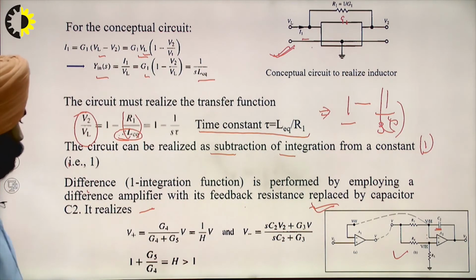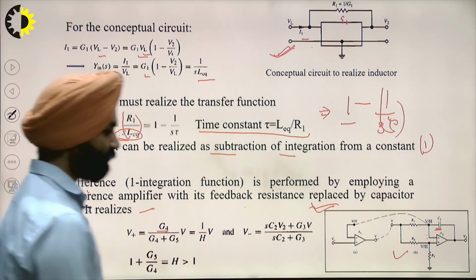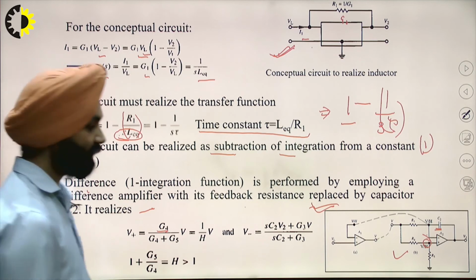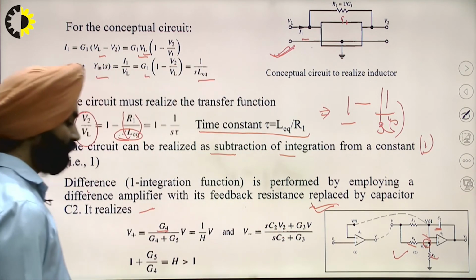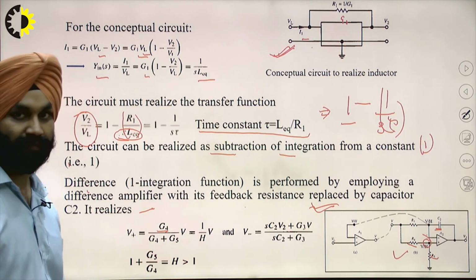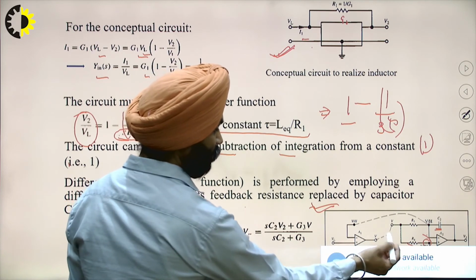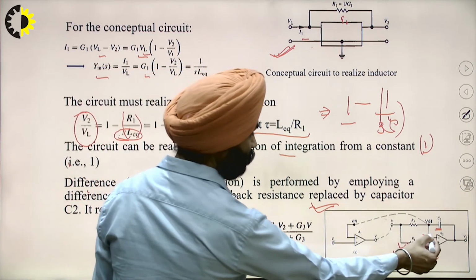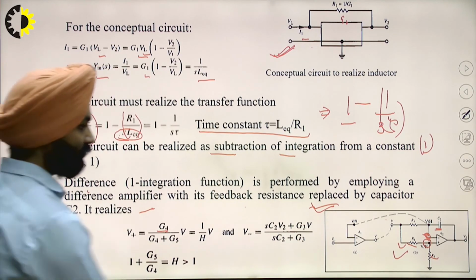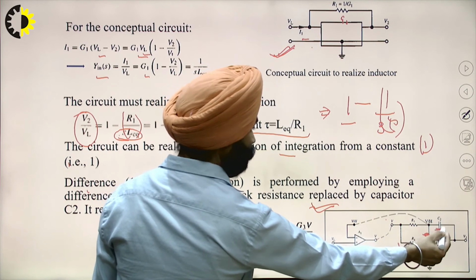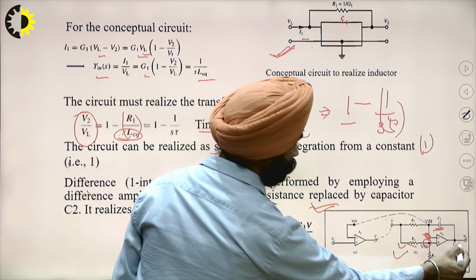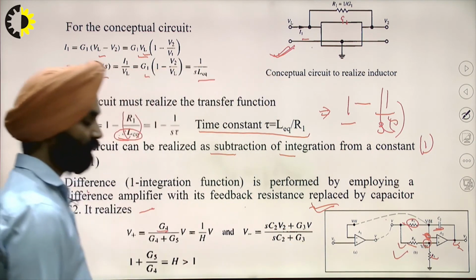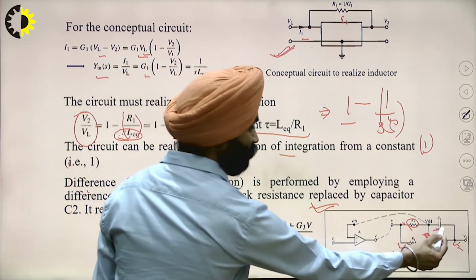V plus is G4 upon G4 plus G5, just by taking the voltage divider rule at this point, into the input voltage, which is V. And if we take the negative at this point, it will be S C2, which is a capacitor, into V2, plus G3 into V, divided by the total, which is S C2 plus G3.